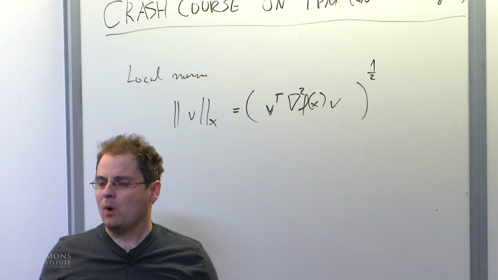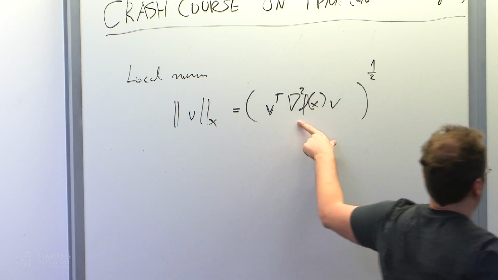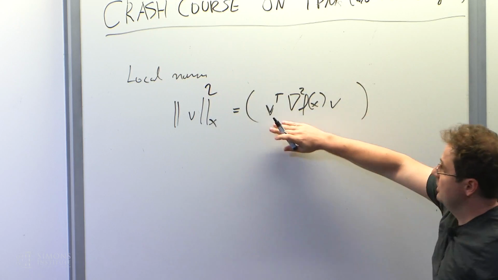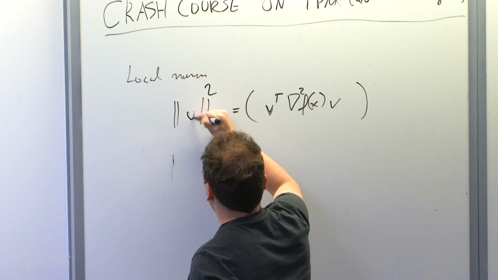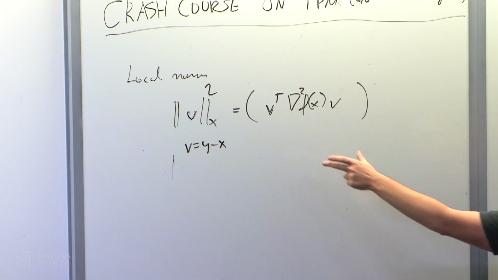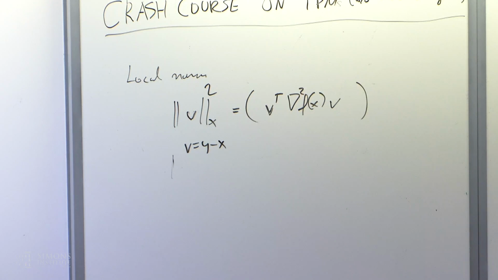Why is this a good norm to choose? Well, the idea is that the square of this norm is exactly this expression. So in particular, if I take v to be y minus x, then I can do some pattern matching: the term I get here will be exactly the first term in the Taylor expansion.